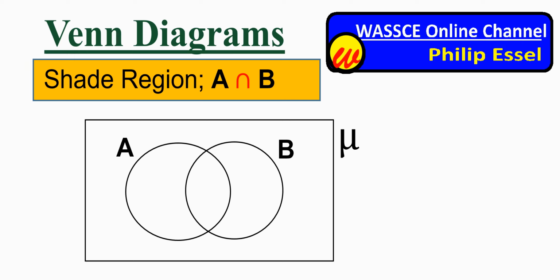Let's also note that the members in this region have characteristics that are in A and also in B. So they have a mixture of characteristics of A and B. Clearly, this is the region where the set A and the set B intersect. Let's look at our next example.